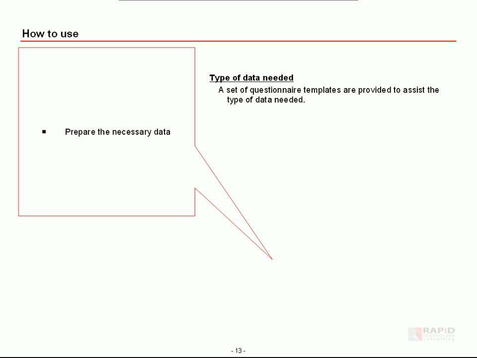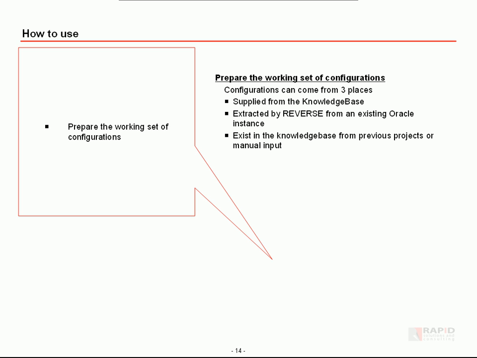So the questionnaire is a template, and you'll be able to go through the template and understand the questions and find the answers. And when that's done, we prepare the working set of configurations. Now, to explain the working set, it can come from 3 or 4 places. It can either be already in the knowledge base with what was supplied with the tool, and you could be using the standard set of configurations.